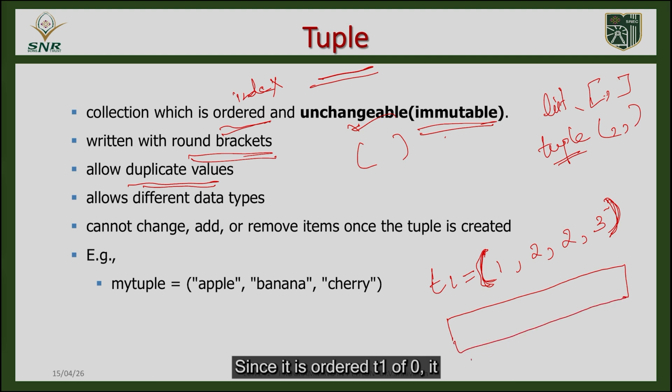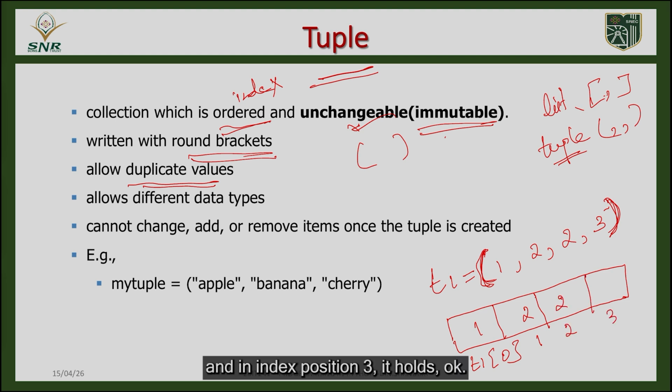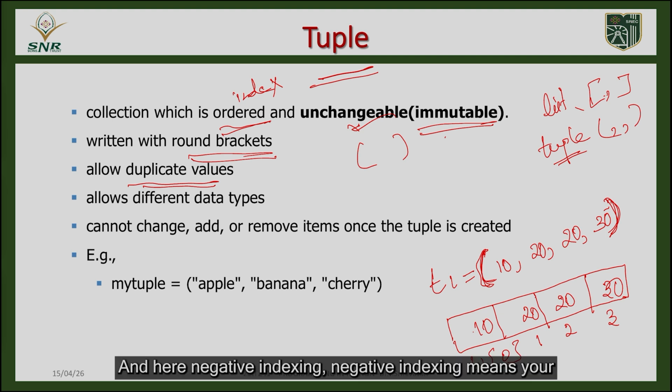Since it is ordered, t1[0] holds 1, t1[1], index position 1, holds 2, index position 2 holds again 2, and index position 3 holds 3. Or else we can have it as 10, 20, 20, 30 for easy understanding. So index position 0 holds 10, index position 1 holds 20, index position 2 holds 20, index position 3 holds 30.